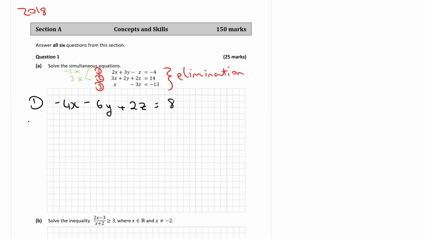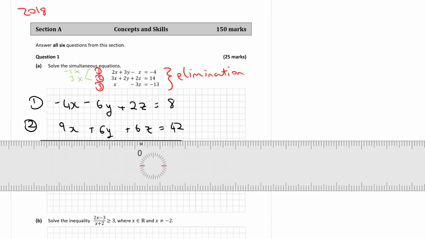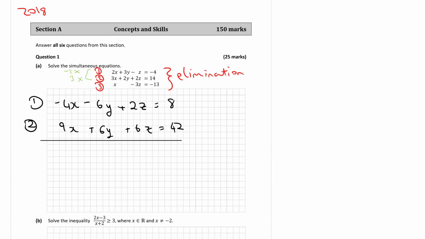If I do what I said I was going to do to line 2 and multiply everything by 3, I'll have 9x plus 6y plus 6z is equal to 3 times 14, which is 42. At this point then, when I add them both together, I have 5x, my y terms cancel out because minus 6y plus 6y is 0y, plus 8z is equal to 50.